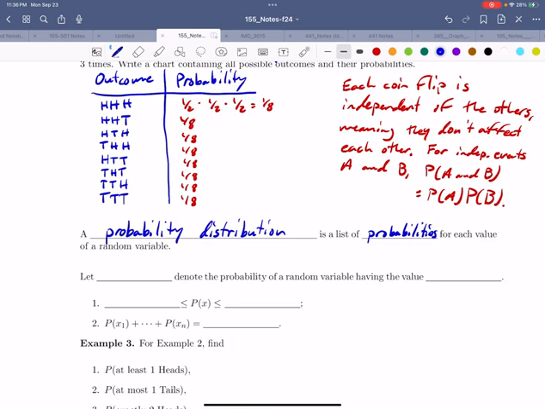Now, really quickly, we're going to let P of little x denote the probability of a random variable having the value little x. I've seen it written in other textbooks as: let big X be a random variable, and then P of big X equals little x, the probability of a random variable big X having the value little x.